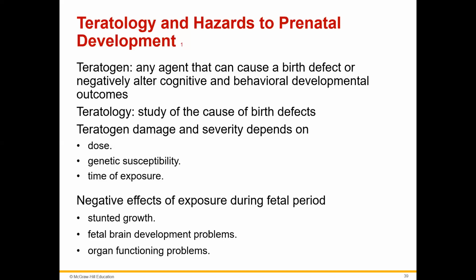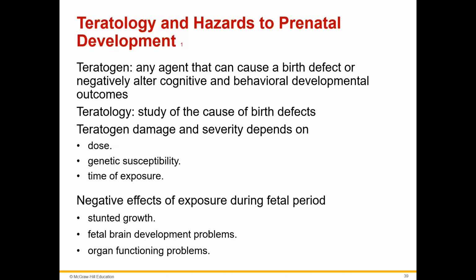So a mother, let's say, taking drugs at the 6-week mark is more likely to have damage than a mother taking drugs at the 6-month part of pregnancy. Not that that's safe at 6 months or 7 or 8 months, but later in the pregnancy, there is just less chance of damage to the developing organism.